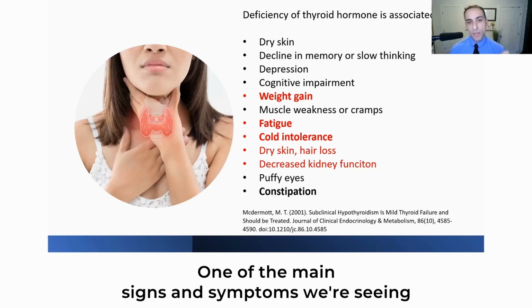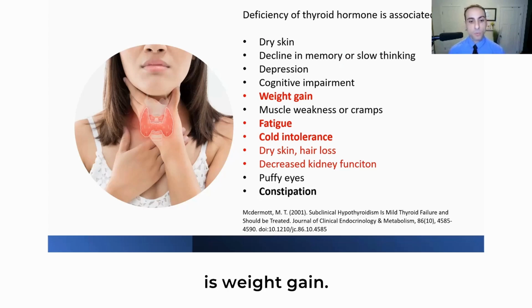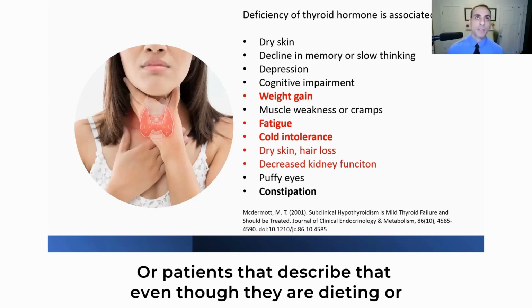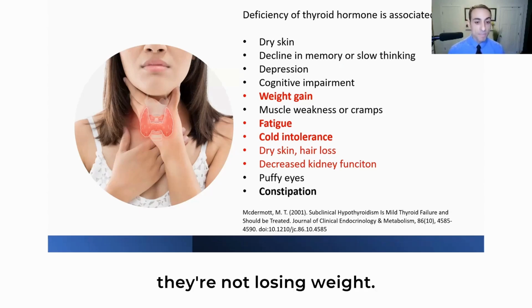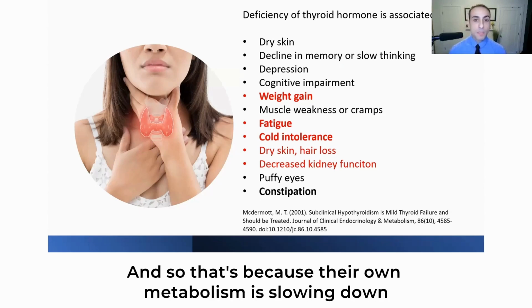One of the main signs and symptoms we see is weight gain, or patients who describe that even though they are dieting, reducing calories or exercising more, they're not losing weight. That's because their own metabolism is slowing down.